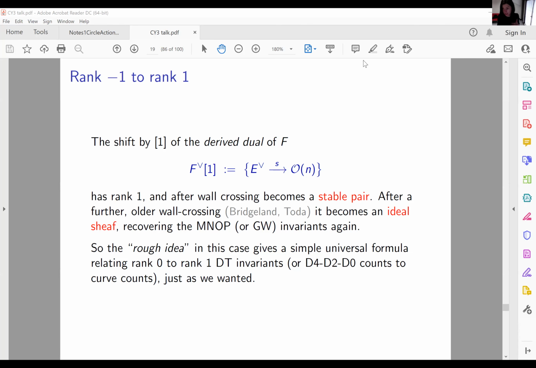Have you elsewhere understood how to just count D4 branes on P2? No. Is this known? D4, D2, D0 on P2?